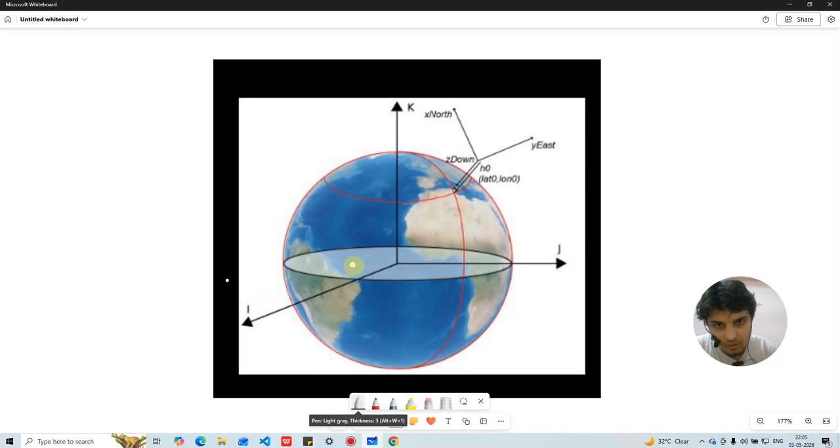It's on a white background. So I need to travel this angle. Let's say this angle is alpha, and from this reference position I need to look up here. So this angle is theta, and this range is r.